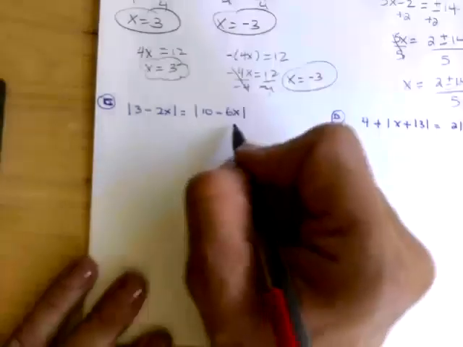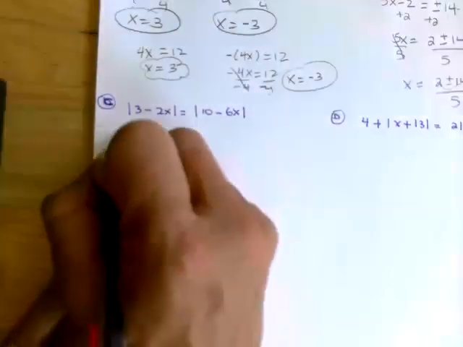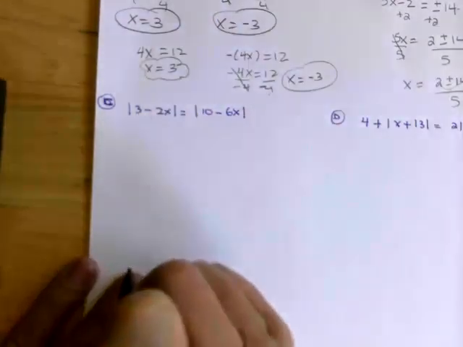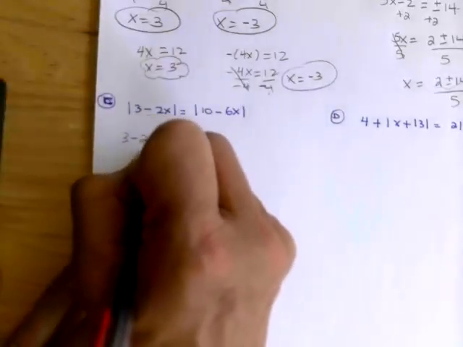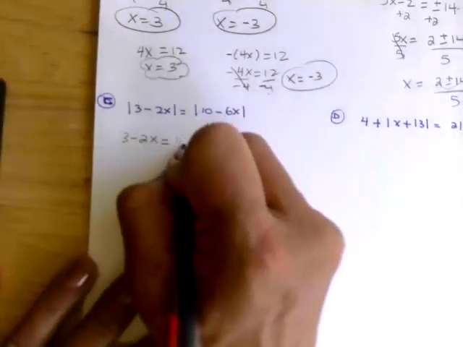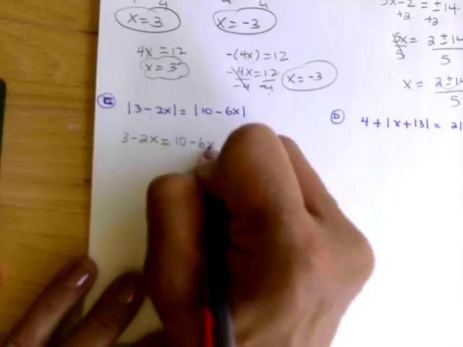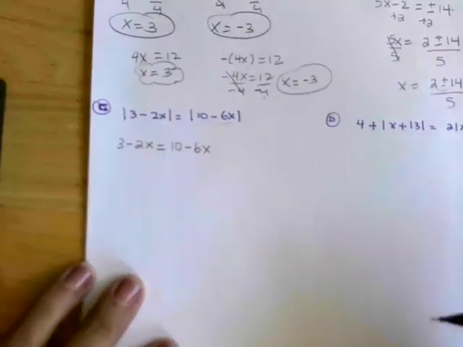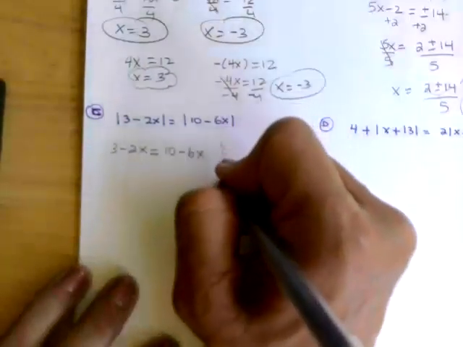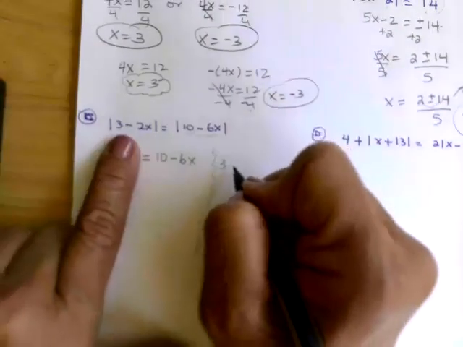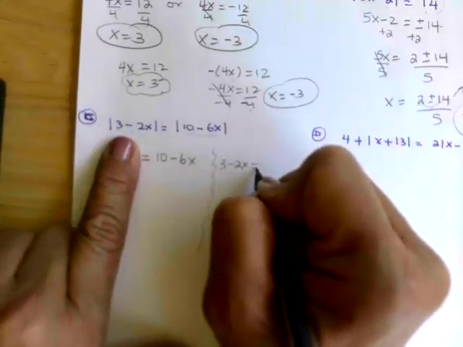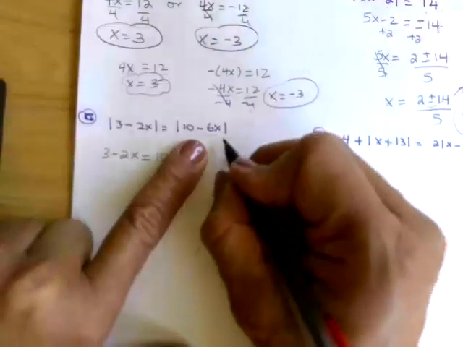Okay, so I'll go ahead and let my right side change its sign. So I'm going to just drop the absolute values from the left. Let them go. So 3 minus 2x equals, so here's the case when the right side was, right, the positive value on the inside. And then the case, so I'm going to keep my left side just as it is, so 3 minus 2x equals, and now I'm going to let this one be its opposite.